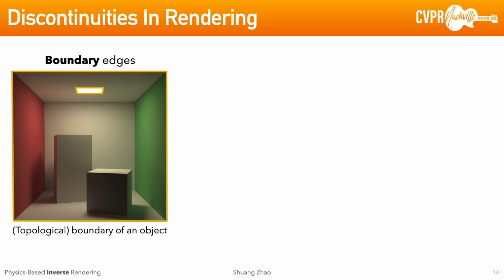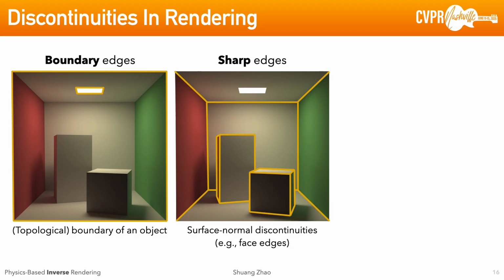So if you look at this example, the toy Cornell box scene, there are multiple edges. For example, if you look at the area light on the ceiling, it's an open surface, it's a square, right? So the edge of the square creates discontinuities. And also, if you look at the cube or the edge of the box, there are normal discontinuities, right? If you look at the cube, the surface normal has a sudden change along the edge of the cube.